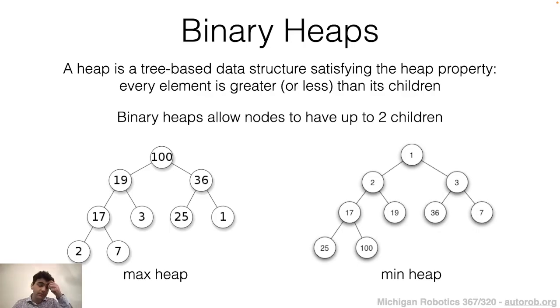And in the case of a minimum heap data structure, every element within the tree has to be less than the value of all of its children. When we say a binary heap, we're referring to the trees where all of the nodes within the tree have up to 2 children, but no more.